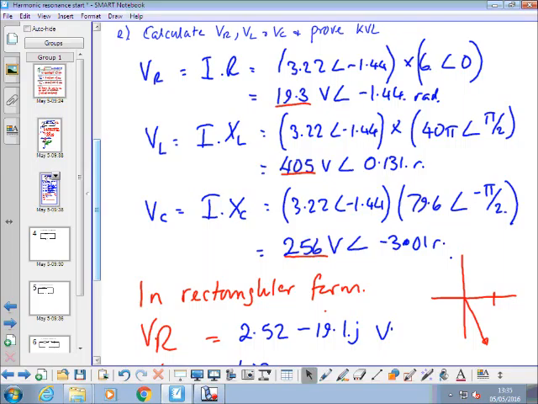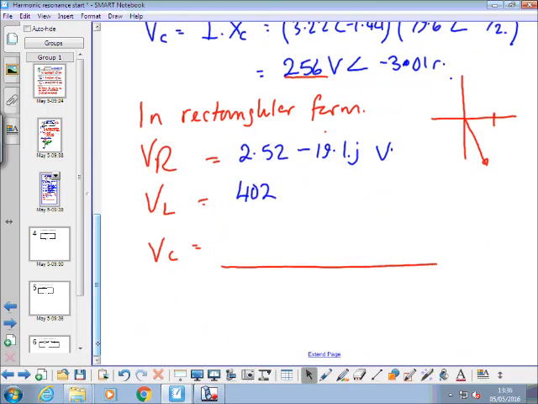VR equals 6 angle 0 times 3.22 angle minus 1.44. But then I added the 1.44 to 0. You've got to add minus 1.44, remember. Take care with addition and subtraction of signed numbers. It's minus 1.44 plus 0.